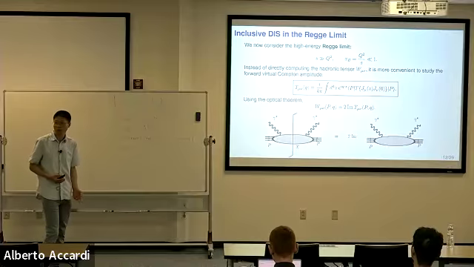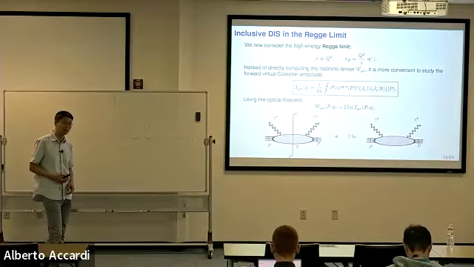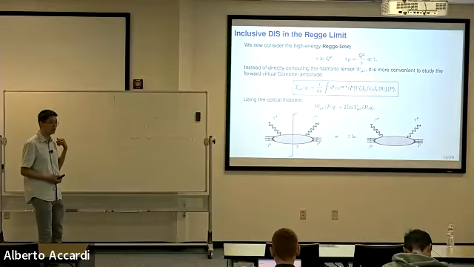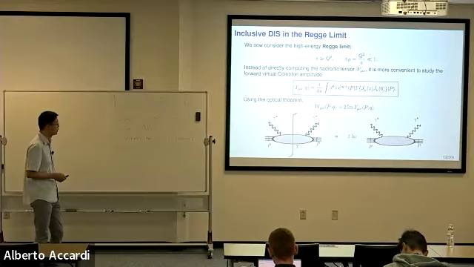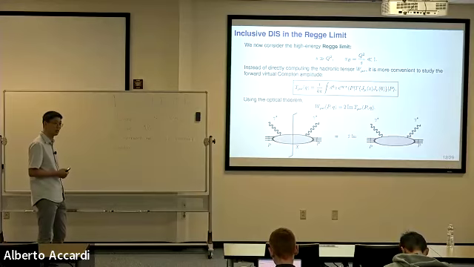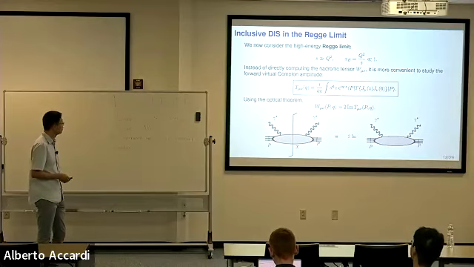If I have a small parameter, I can perform an expansion in terms of 1 over S, like what we did in the leading power 1 over Q squared, and that gives us a way of systematically organizing contributions. If you have a small parameter, you can probably do a lot of physics with it.